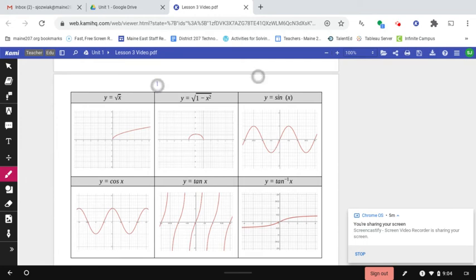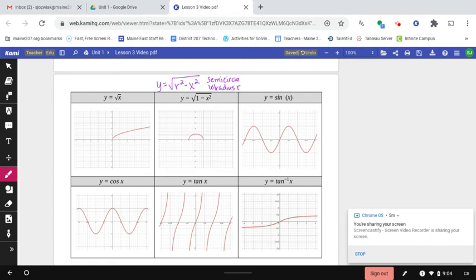In general, we've got y equals the square root of r squared minus x squared. If you see an equation that looks like that, then you should know automatically that this is going to be a semicircle with radius r.